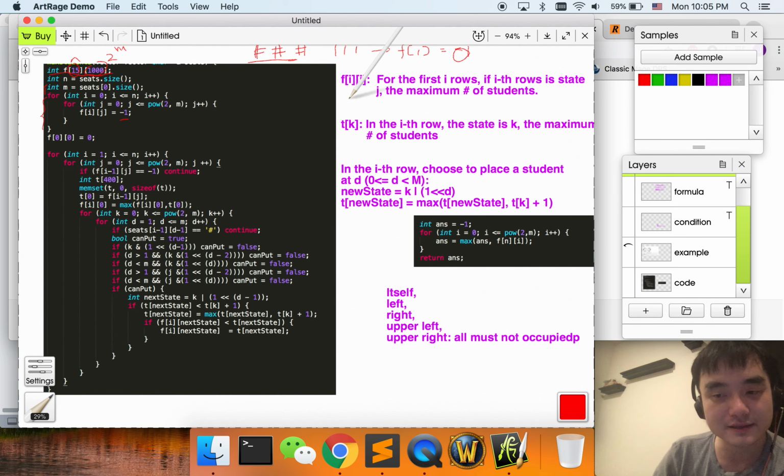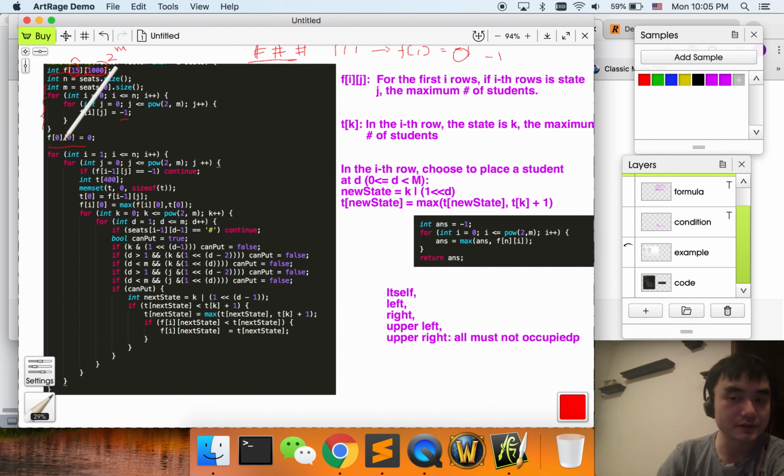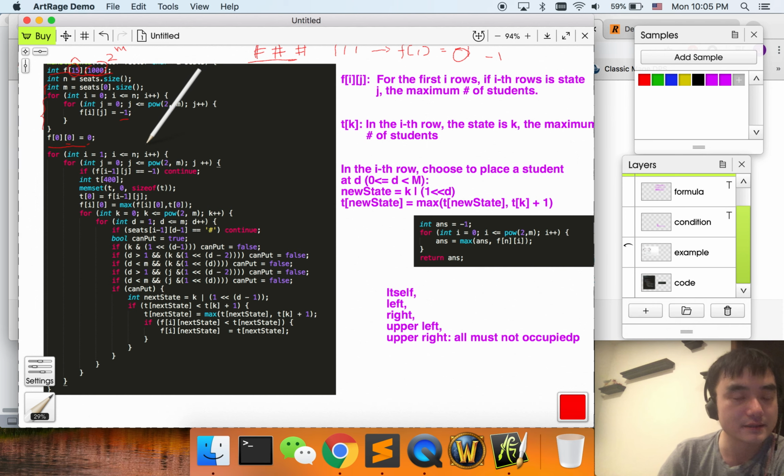It's essentially the same thing, 0 and -1. So the initial state is that F0,0 equals 0. If we take the row before the first row, for the state 0, the maximum number of students we can put in is 0, right? So that makes sense.